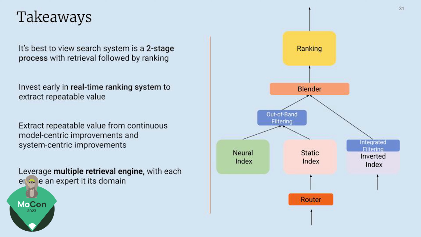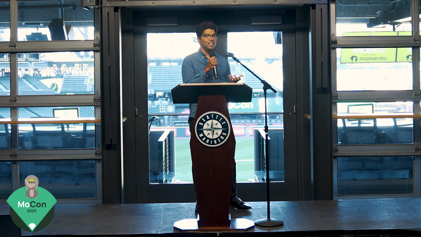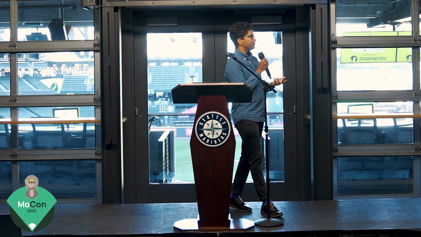The second is to invest early in building a real-time ranking system and not shy away from it, even though that upfront investment may seem like a lot. Once you have a real-time ranking system, you have a repeatable playbook for extracting value, because you can just focus on improving your models, and your ranking performance continues to increase. You can focus on improving the system, and bring in system optimization that allows newer ranking model improvements to work in real time.